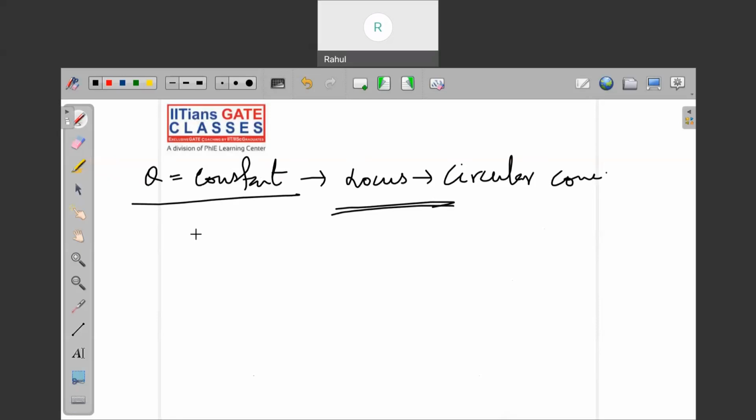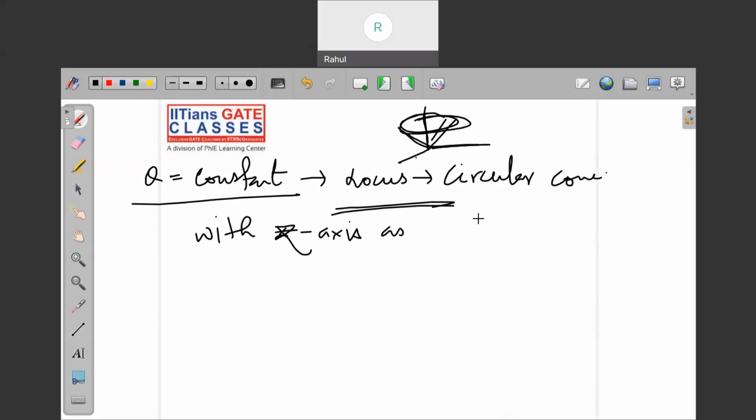With z-axis as its symmetric axis, right? Not x-axis, with z-axis. So this kind of locus you will get, okay, this kind of. So the z-axis is the symmetric axis, right?